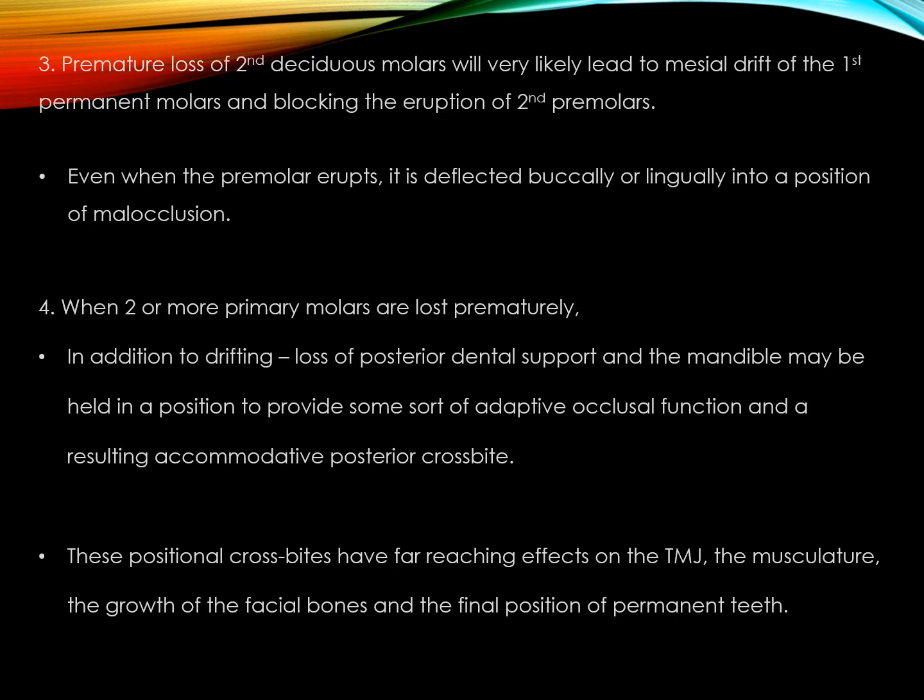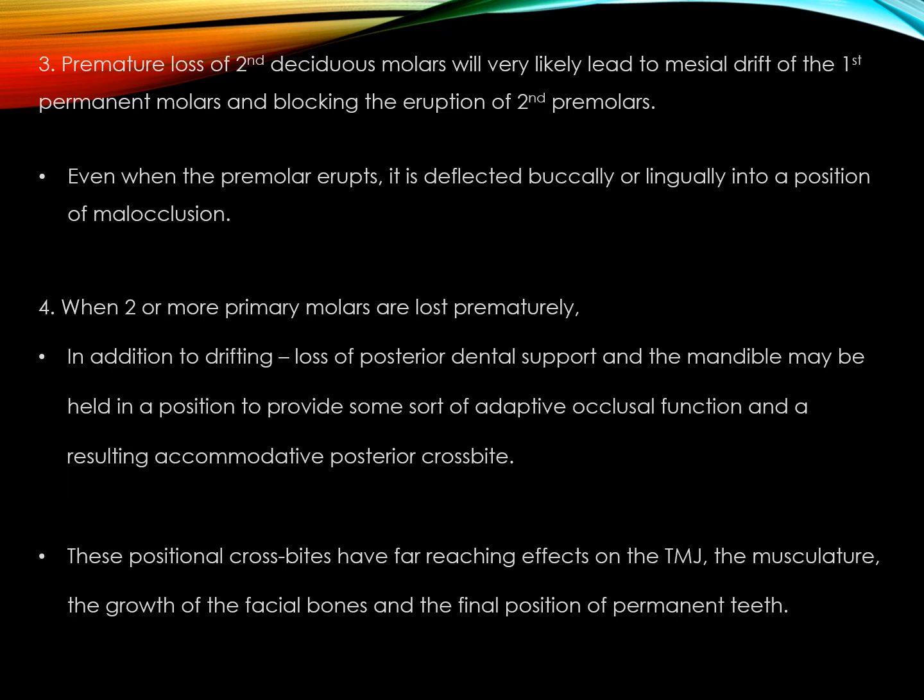What happens when two or more primary molars are lost prematurely? In addition to drifting, there's also loss of posterior dental support, and the mandible may adapt its position as a compensatory mechanism with an adaptive occlusal function, and this will result in the development of a posterior crossbite.